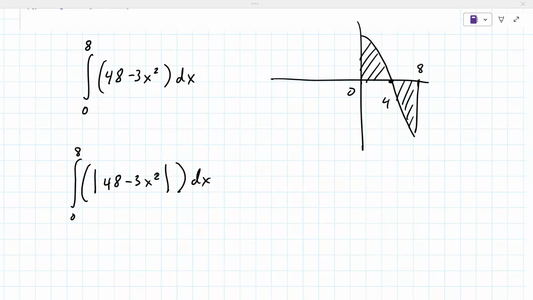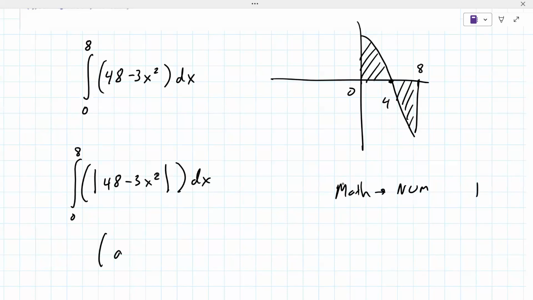Give me just a moment to find it. Okay, so it's math, and then you go over to NUM, and it's number 1 for the absolute value.